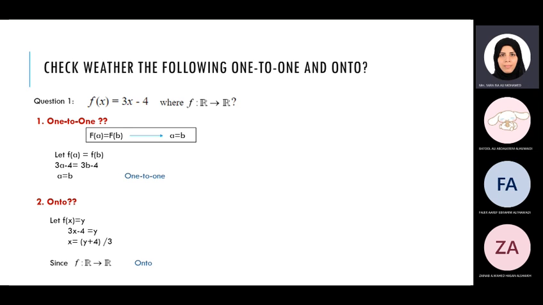Now, can I calculate the x for every y? I will try to put x on one side in the form of y. I notice that x is equal to (4 plus y) over 3. Now, for every real number y, the result x is also a real number, belonging to the domain. So it is onto.